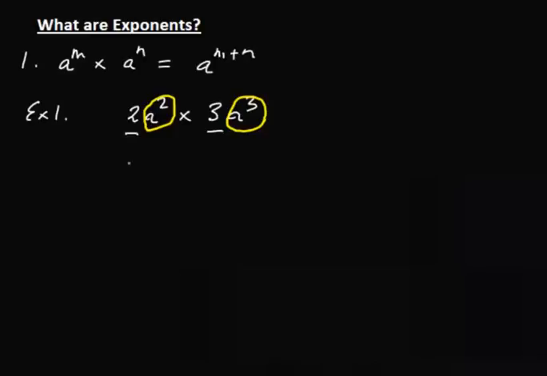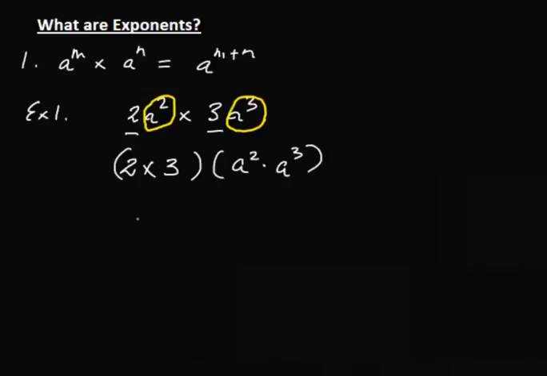So as we always do, we can multiply the two numbers as usual, and we take the exponential terms and group them together in the same fashion.